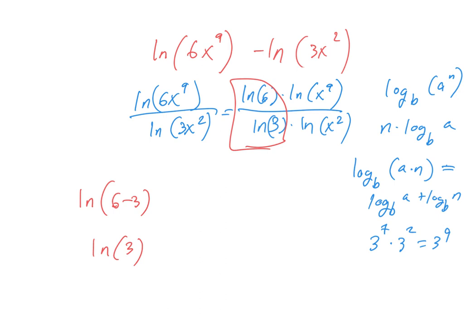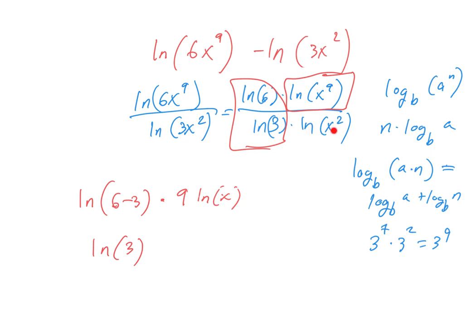All right. The other part here, I'm going to take this only, and I'm going to write that as 9 natural log of x, because x to the 9th is this. The whole thing is being taken to the 9th power, so I can just take that exponent out in front. I can't do the 9 out in front at the beginning because everything is not to the 9th power, only the x's.